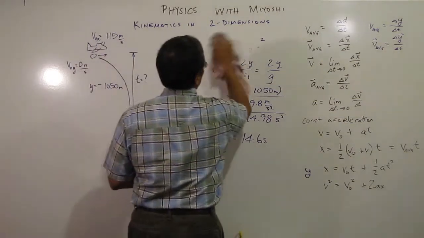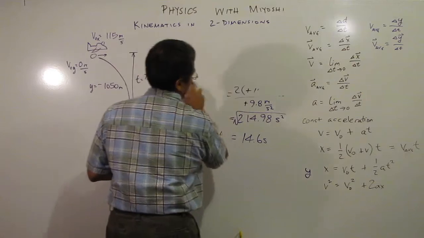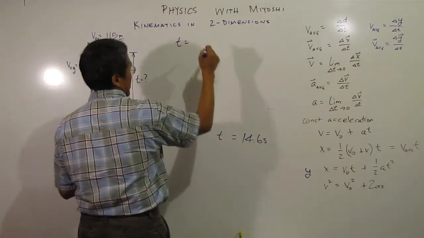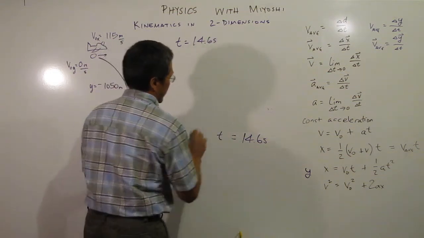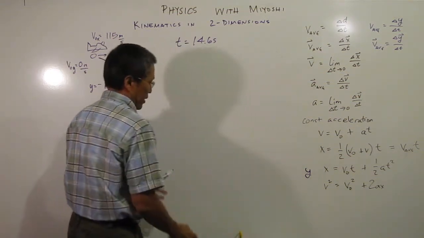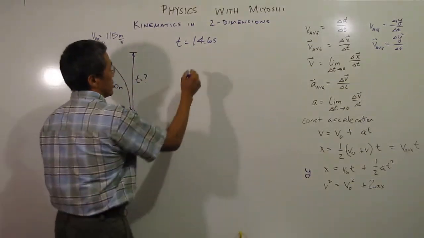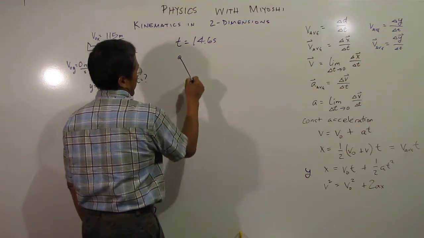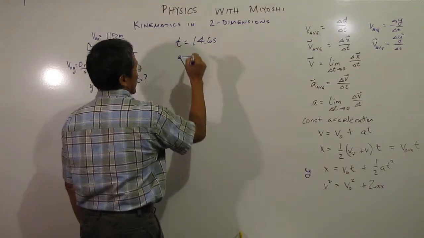So I'll keep that time, 14.6 seconds. Now, how do I find the final velocity? Well, let's make a little vector diagram.